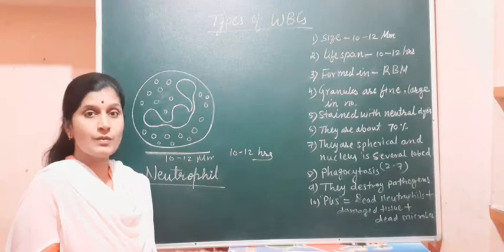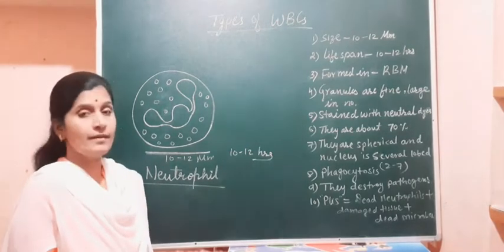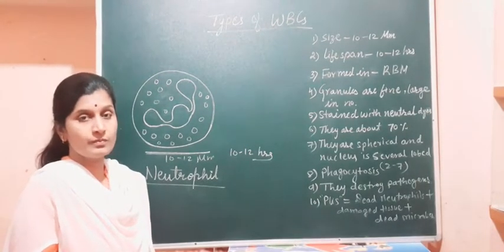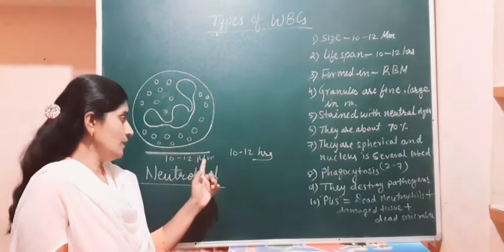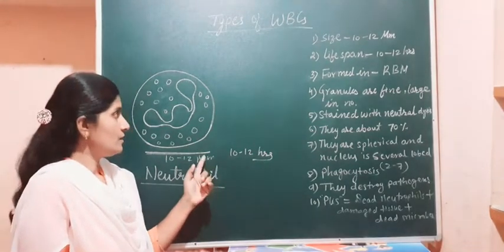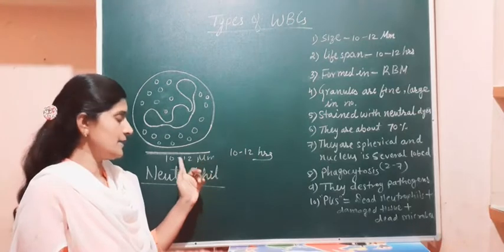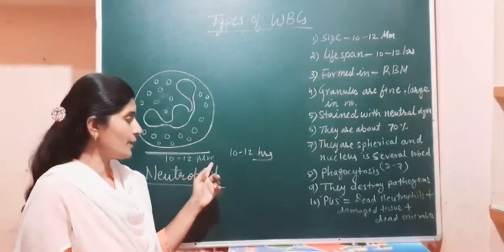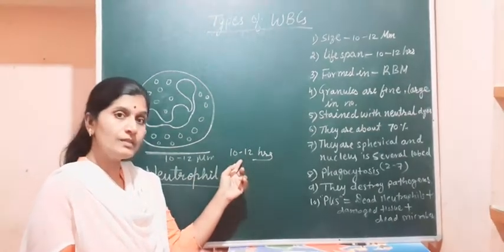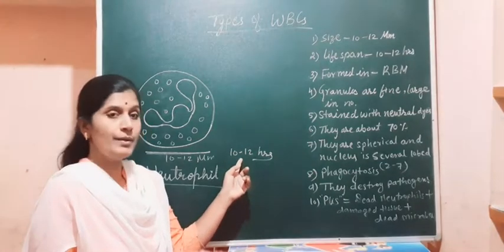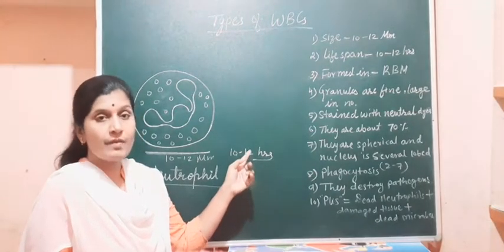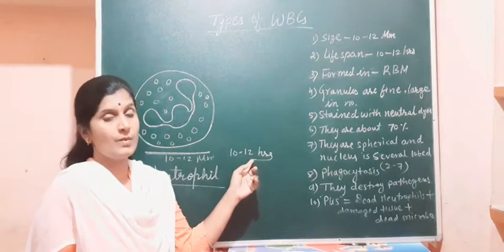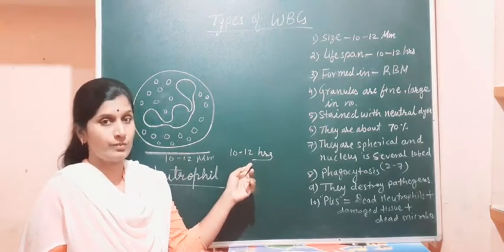These cells, neutrophils, are formed in the red bone marrow. Clear? So the size of the neutrophil is 10 to 12 micrometer, the lifespan is 10 to 12 hours, and they are formed in the red bone marrow.